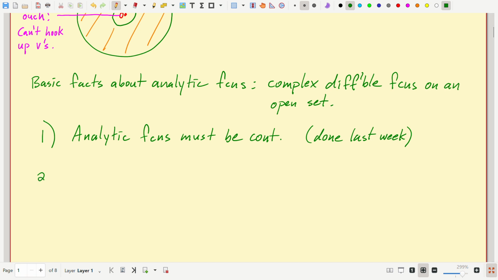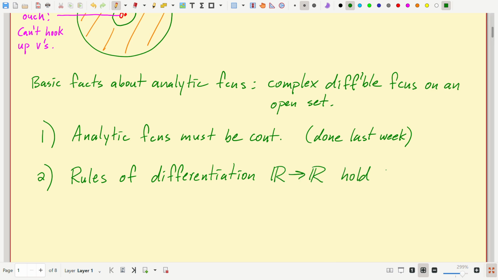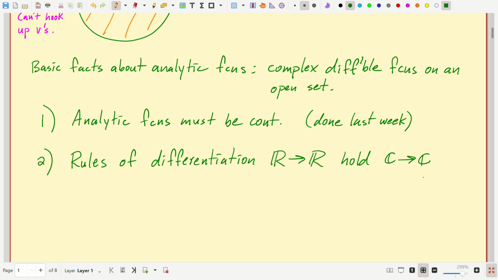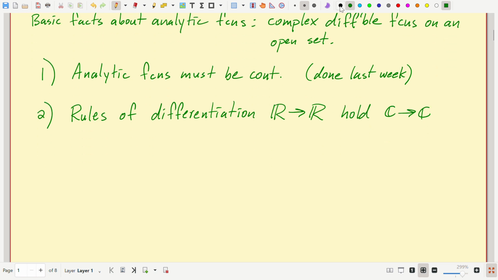And because of that proof, you realize that all those basic proofs go through, and so the rules of differentiation from R to R hold from C to C. I also showed you that z bar is not complex differentiable.